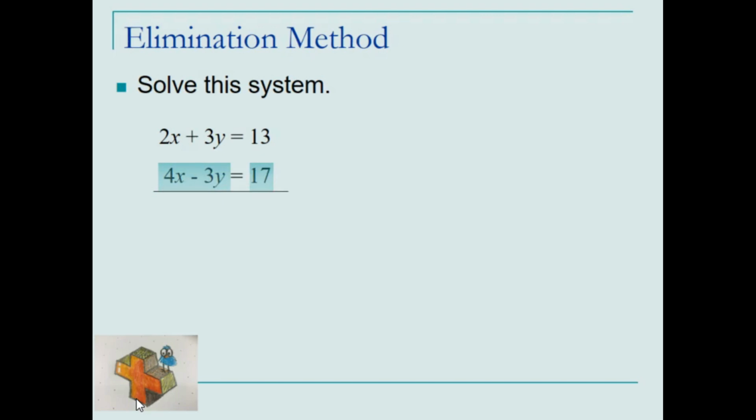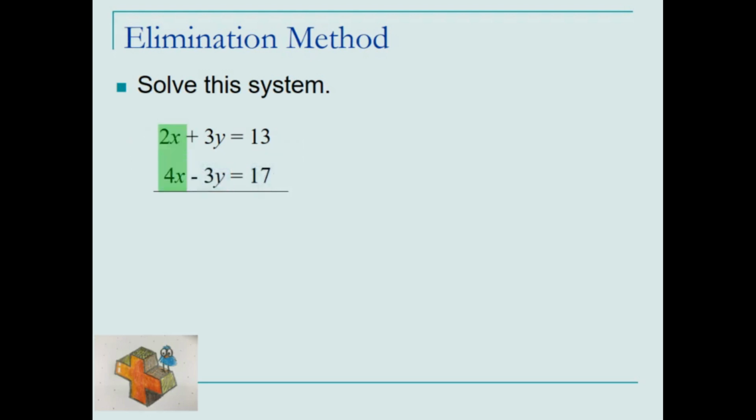And using the addition principle, we're going to add the same quantity to both sides of the first equation. Although they aren't the same, these two quantities, 4x minus 3y and 17, are equal. So we are holding with the addition principle of adding the same quantity or equivalent quantity to both sides.